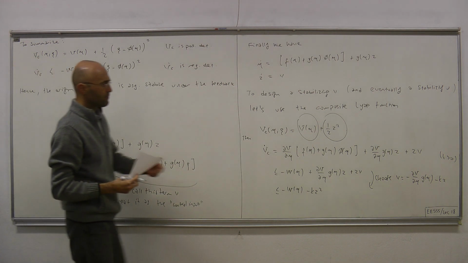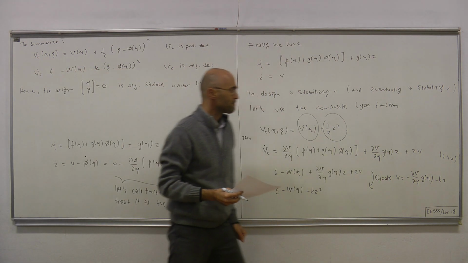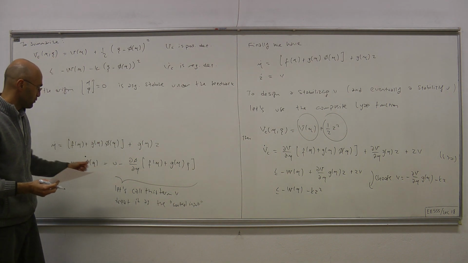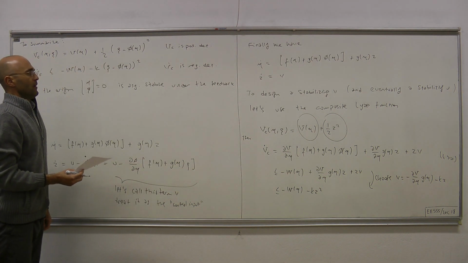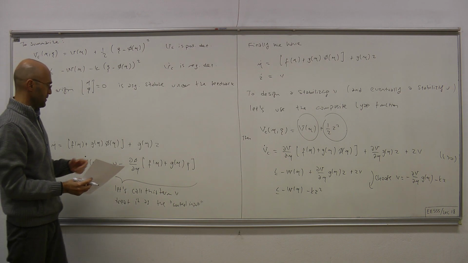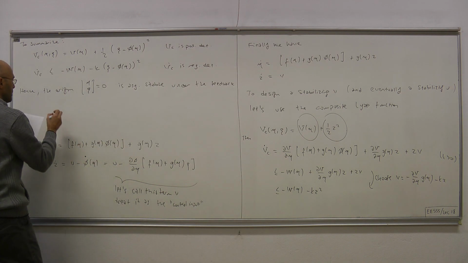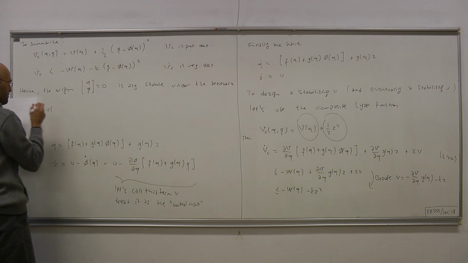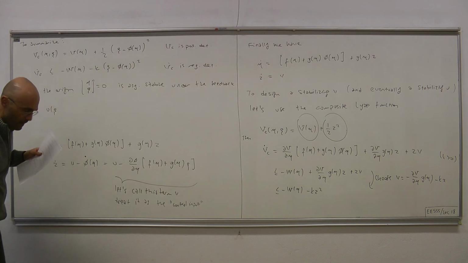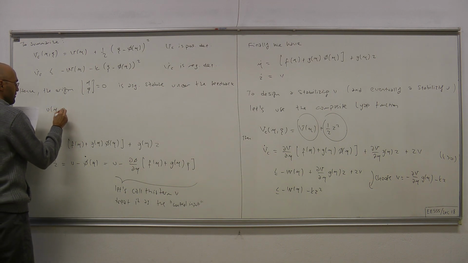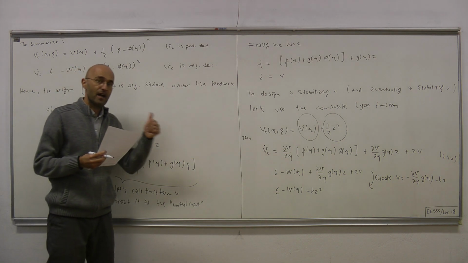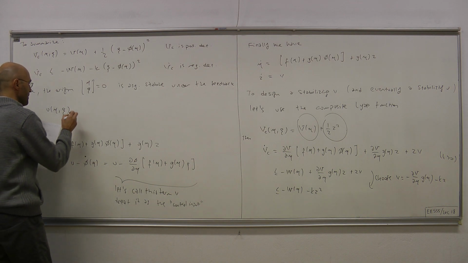Okay, V equals that. But the original control input was U, so we have to express in the end everything in terms of U. So U is our feedback law now. That is, it's a function of the state, eta and xi.